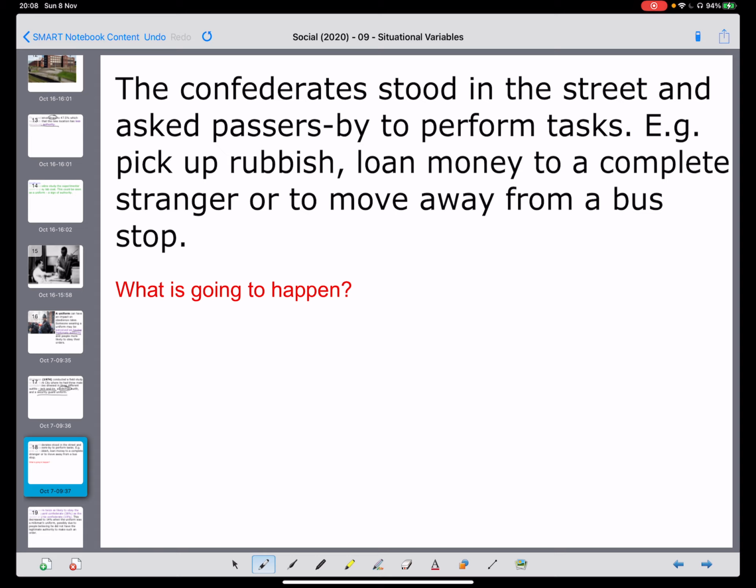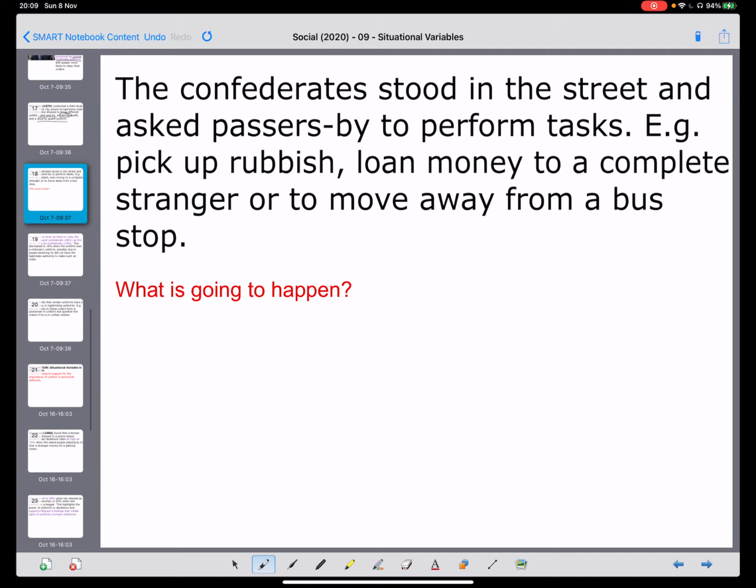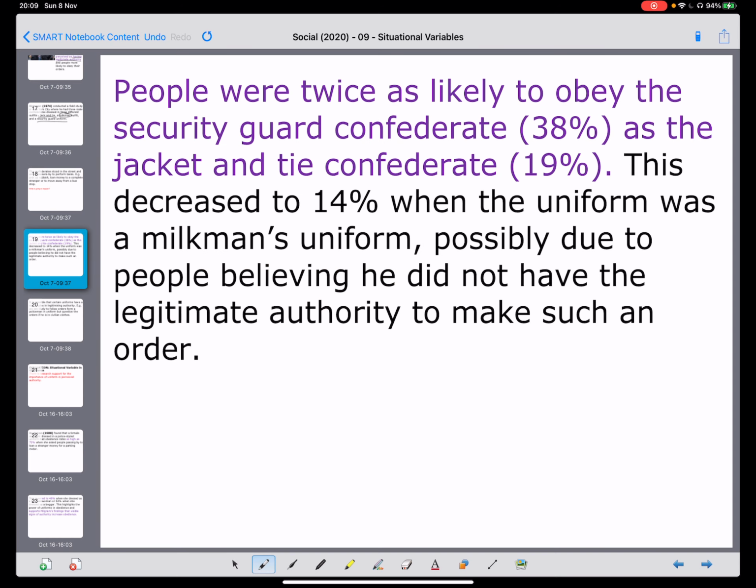What he gets them to do is go into the city and give simple instructions: pick up rubbish, give me money for the parking meter, move away from the bus stop, things like that. So I would ask you, what would we expect? Could we tell the difference between who was more obedient and who is less, who had more perceived authority and less perceived authority? And this is the outcome of the study.